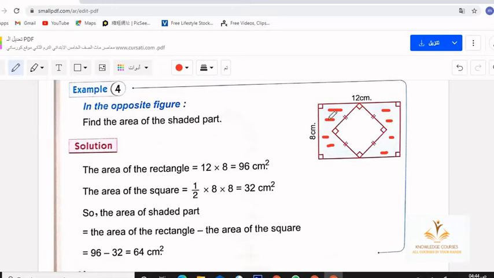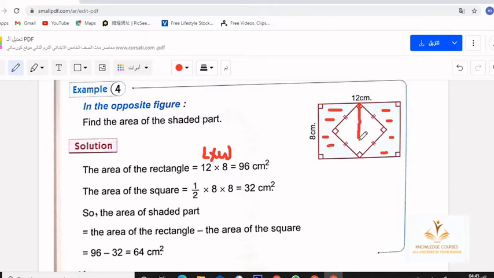يبقى اول حاجة هعملها هجيب the area of rectangle. Area of rectangle equal length multiply width. So the area of rectangle equal 12 multiply 8. And the area of square equal half multiply diagonal multiply diagonal. In this case the diagonal equal 8.